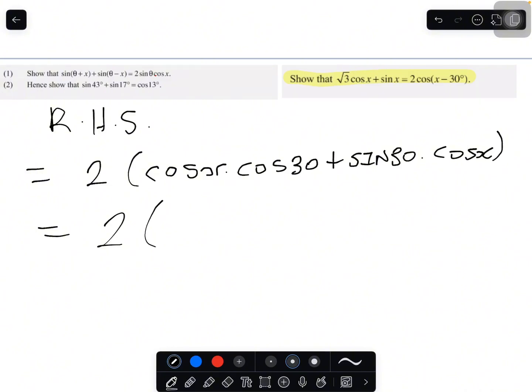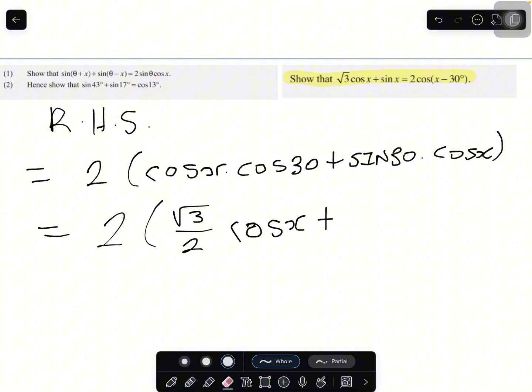So we have root 3 over 2 cos x plus sine 30. Sine 30 is a half. Oh, this is a sine x here. Times sine x.